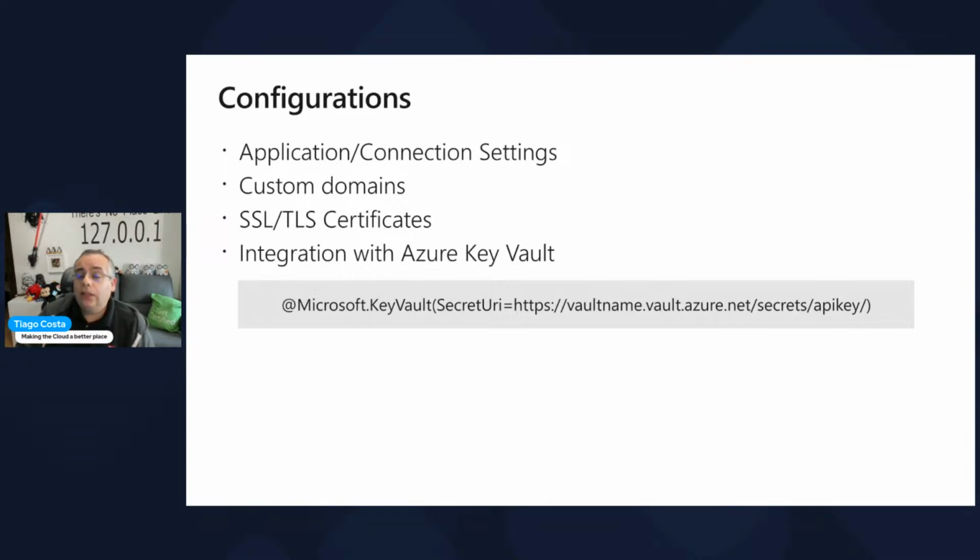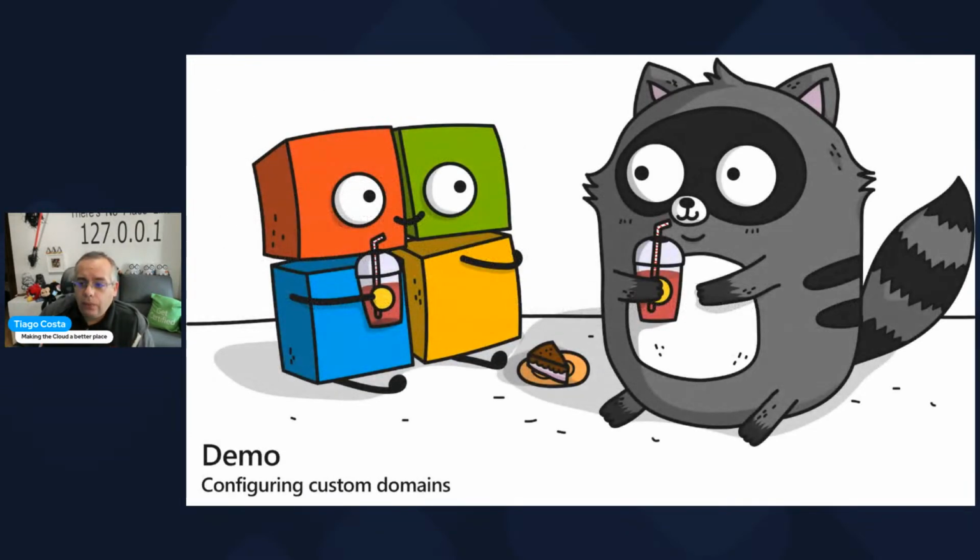Well, definitely not side by side with my code, probably not as a standard application setting. I can use Key Vault and integrate Key Vault with my app service, okay? And we'll do that. But for now, let me do another demo, for adding custom domains.